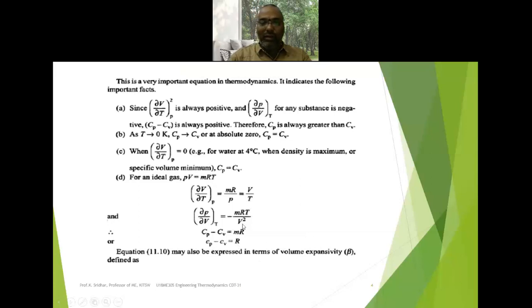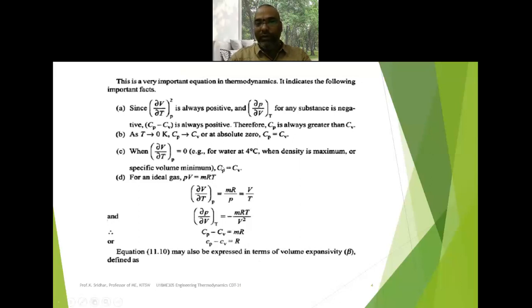The difference of heat capacities always gives us the characteristic gas constant value. That is, the Cp minus Cv value is always equal to R. We are able to derive this from the difference of heat capacities, and it is only possible because of the Maxwell relationships and the TdS equations.